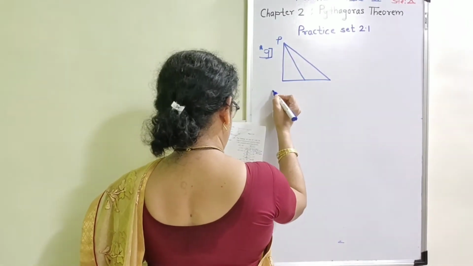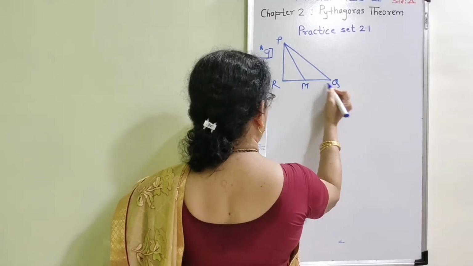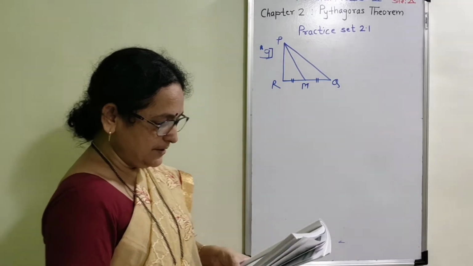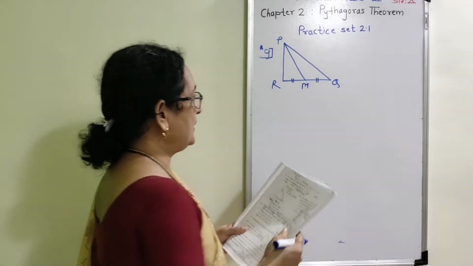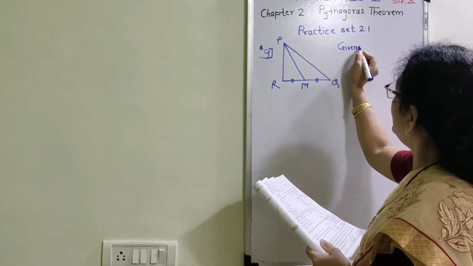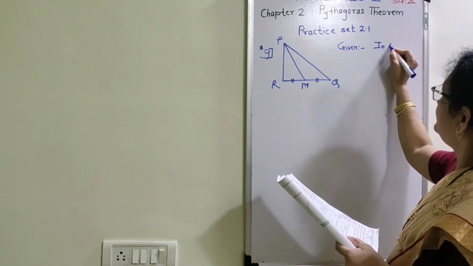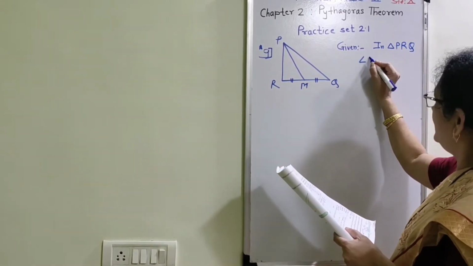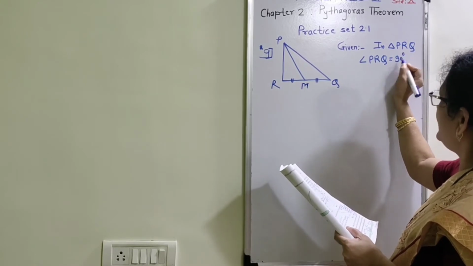Triangle is PRQ, where M is the midpoint of QR, so MQ is congruent to RM. Angle PRQ is 90 degree. Now write down the given first of all. In this example, they have given that in triangle PRQ, angle PRQ is equal to 90 degree.